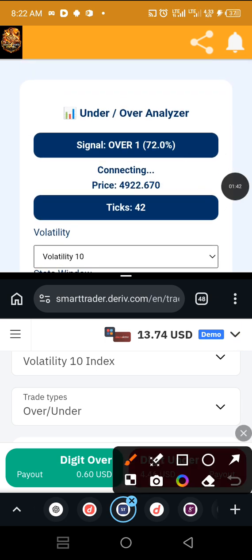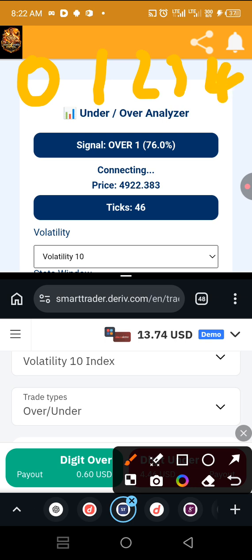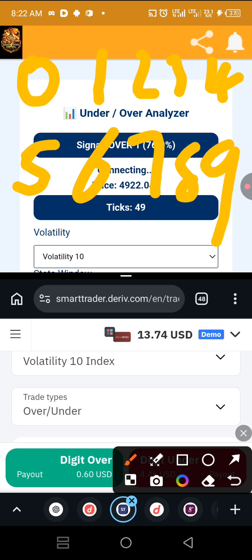If we look at the Deriv digits for day trader, we have 0 at the top, 1, 2, 3, 4. They are all at the top here. Then below we have 5, 6, 7, 8, 9. Since we are trading over 1, the digit must not be 0, it must not be 1. It can be 2 to 9.